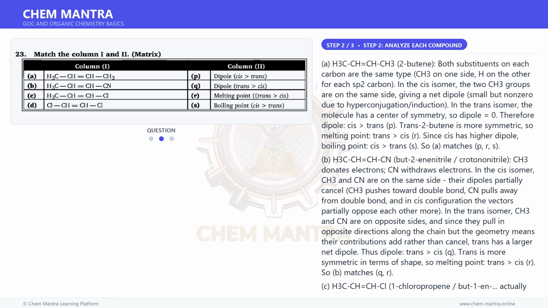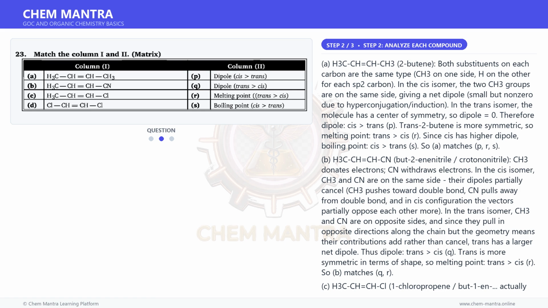CH3 pushes toward the double bond, CN pulls away from the double bond, and in the cis configuration the vectors partially oppose each other more. In the trans isomer, CH3 and CN are on opposite sides, and the geometry means their contributions add rather than cancel, so trans has a larger net dipole.